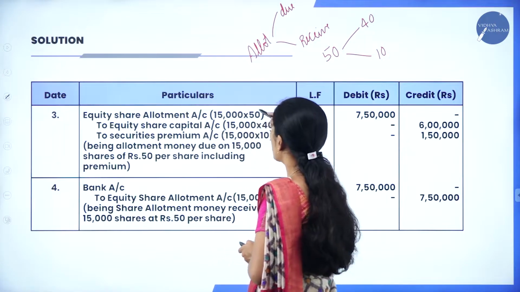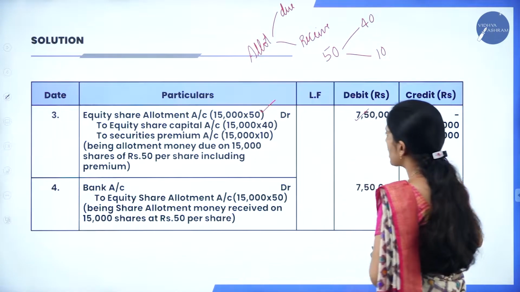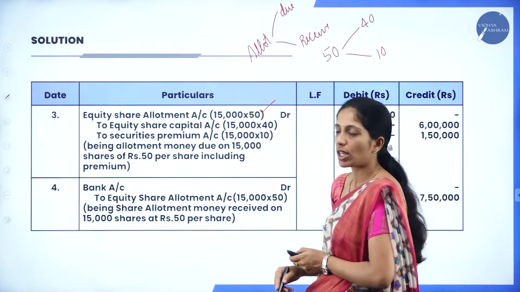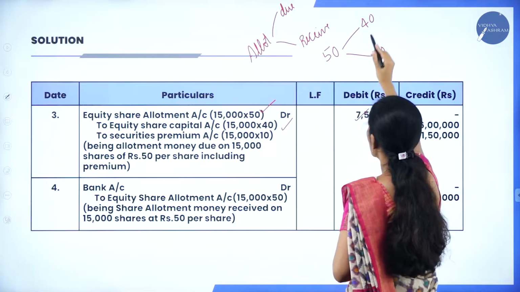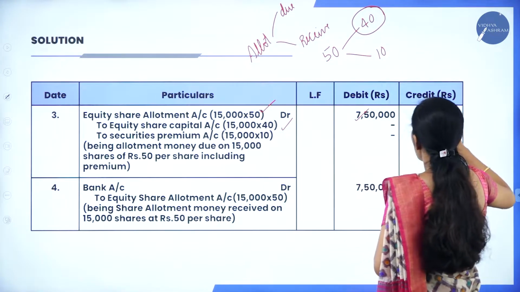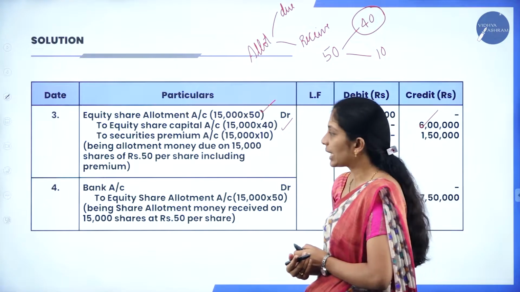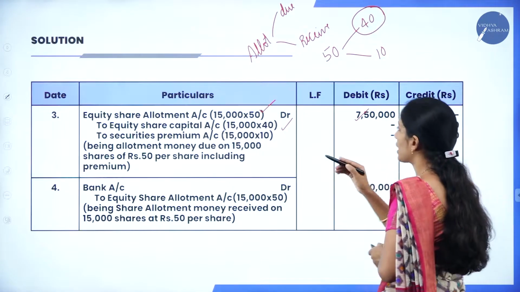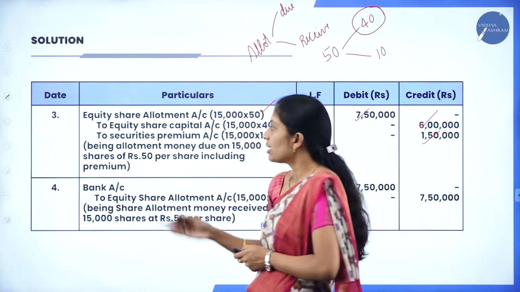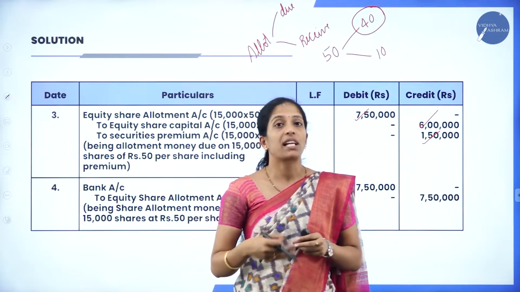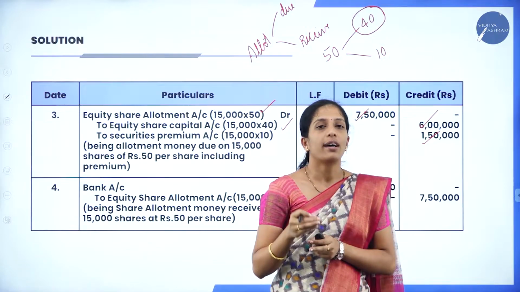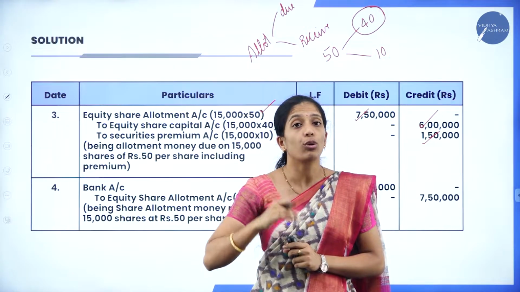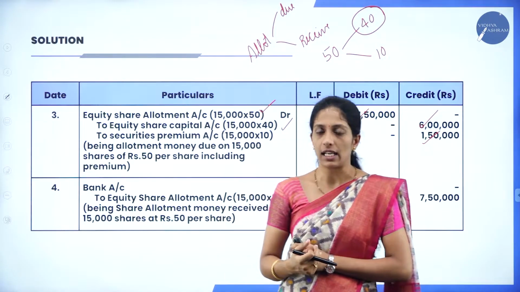So, equity share allotment 15,000 into 50, 7,50,000. Equity share capital is 40 rupees, the actual value. And securities premium 15,000 into 10, that is 1,50,000. So, how can you write the narration? Being allotment money due on 15,000 shares including premium of rupees 10 each.